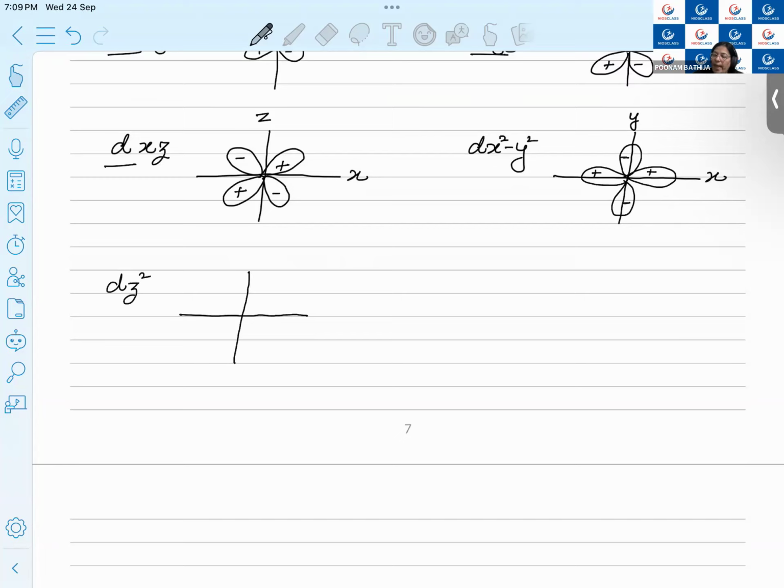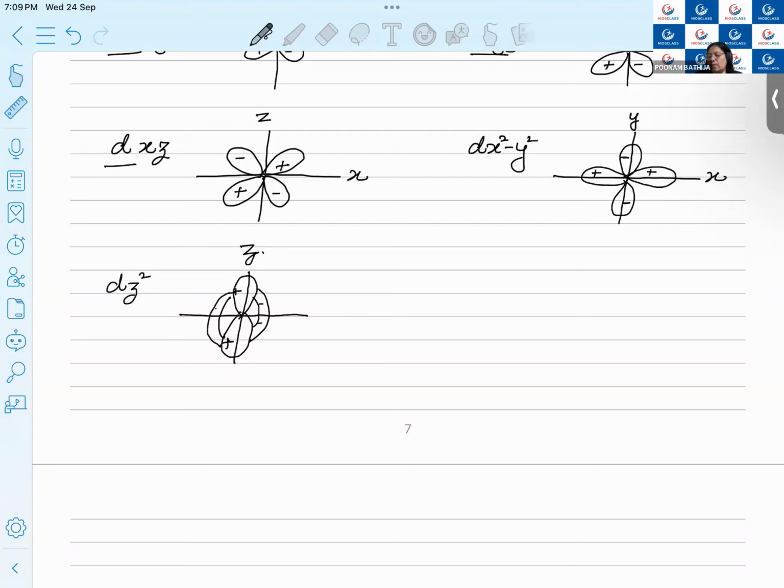It has one pair of lobes along the z-axis. Okay, this is plus. And the next pair of lobes is vestigial in this orbital.